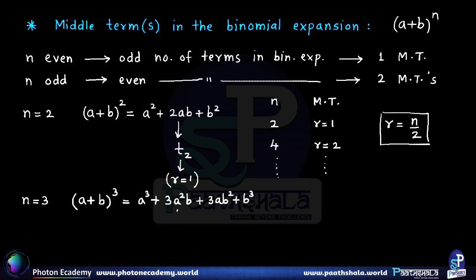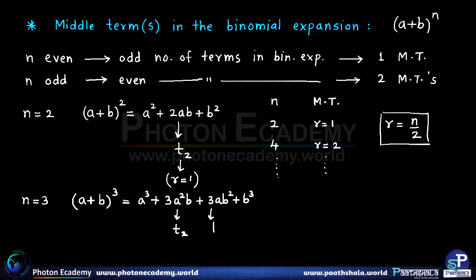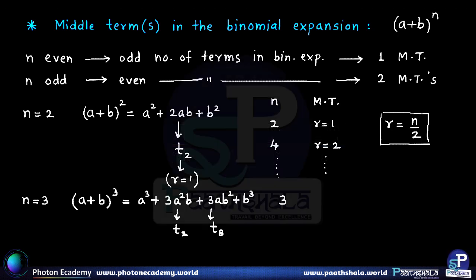So that means there are two terms which are in the center, which is nothing but T2 and T3. So when n is equal to 3, we have term number 2 and 3, and for 2 and 3 we will have the corresponding values of r as 1 and 2. So that is nothing but r is either 1 or 2.